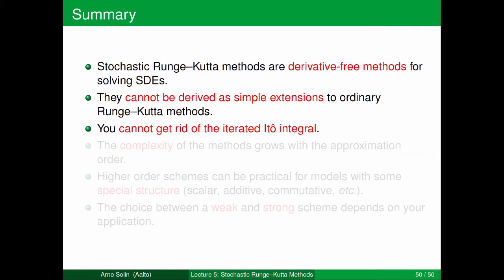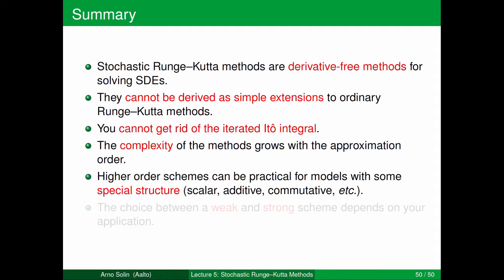Also remember that you cannot get rid of the iterated Ito integral. This causes some complications for the strong order schemes, but in the weak order schemes there are remedies for this. The complexity of the methods grows with the approximation order, but the approximation order can also provide a remedy in the sense that you can use larger step sizes.